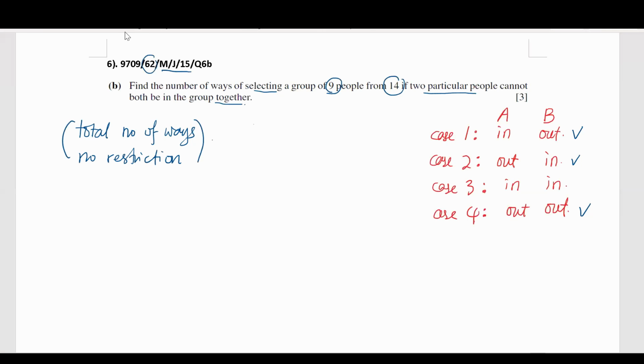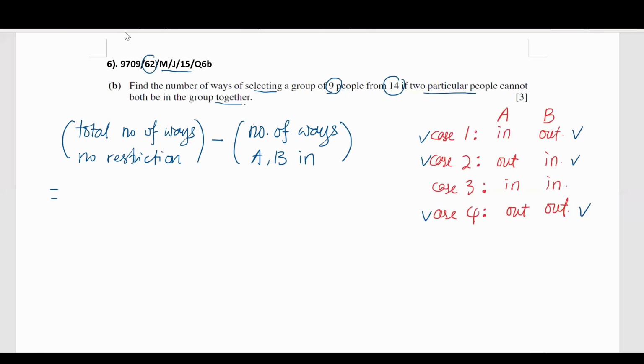Then we minus off the number of ways that both A and B are in the team, in the group. So by using this method, we will be able to get the number of ways for case 1, case 2, and case 4.